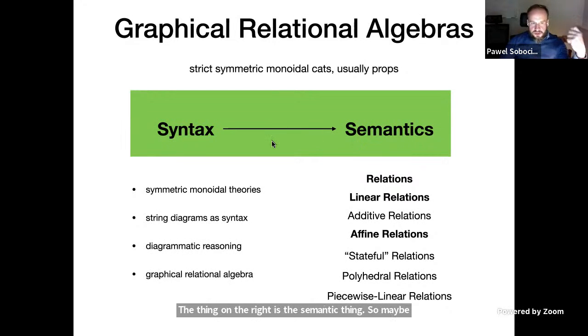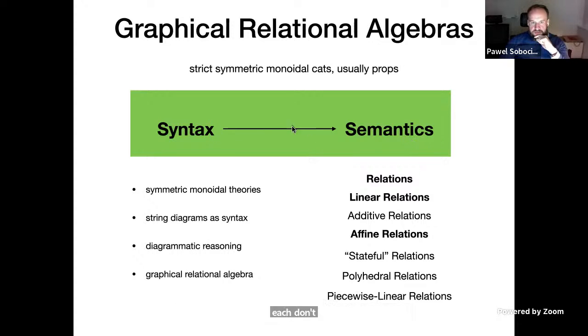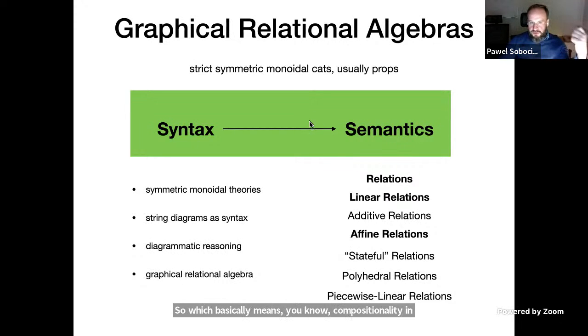And so each diagram denotes some kind of relation, and this mapping here is a functor, which basically means compositionality in a very similar sense to, let's say, how Tarskian semantics of first order logic is compositional, right? So the meaning of the compound phrase is obtained from the meanings of the components via the natural operation in the semantic universe.